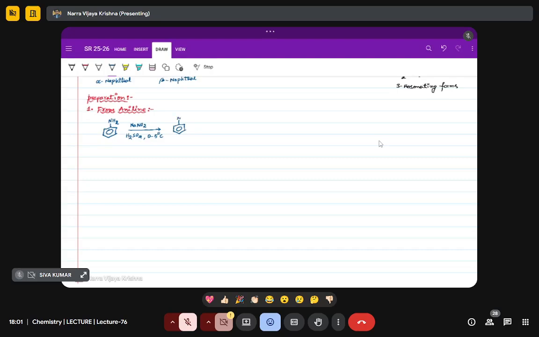Benzene diazonium compound, N triple bond N plus, and what will you have? If I take HCl, I will write Cl minus. If I am taking H2SO4, I will write HSO4 minus. Cation is there, anion is there. That's why I call it a salt, diazonium salt, benzene diazonium salt. I don't call it benzene diazonium chloride.